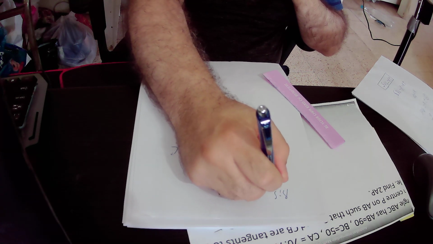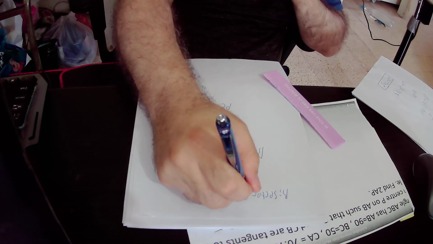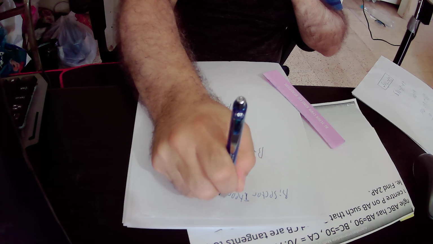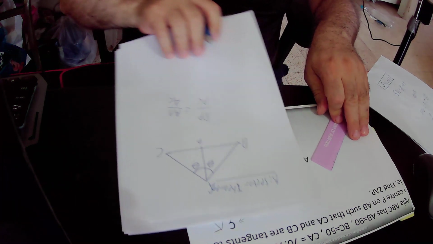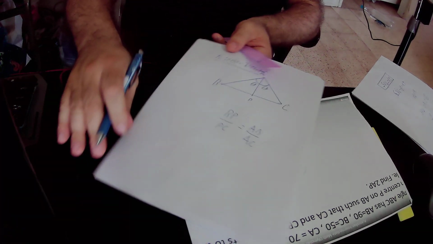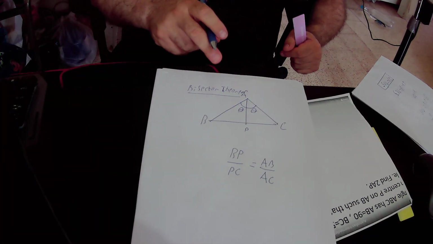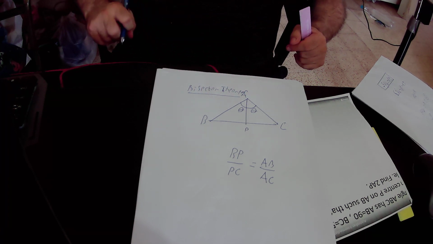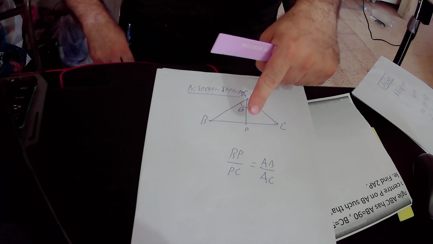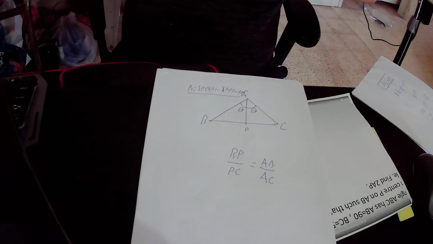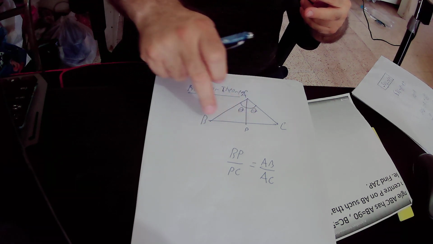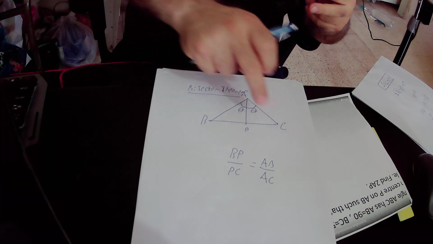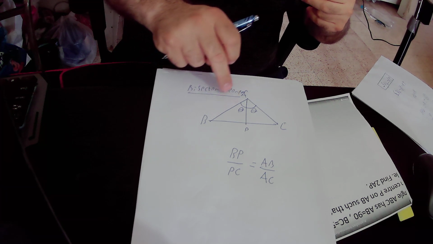So the bisector theorem says the following: if you have triangle ABC and in this triangle you have line PA that bisects this angle into two equal parts, then the following equation is true: BP over PC equals AB over AC.